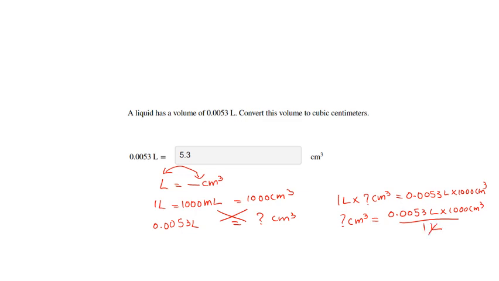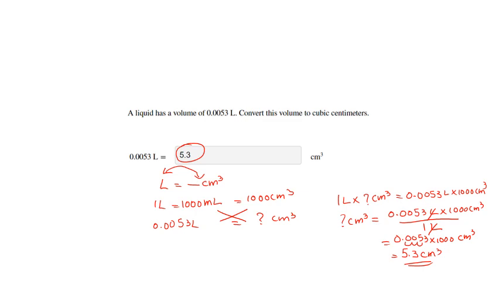Liter and liter will cancel, so I will have 0.0053 times 1000 and the unit left is centimeter cube. I have to multiply this number with 1000, which means moving the decimal 3 times forward: 1, 2, 3. So I will have 5.3 centimeter cube, which is the answer shown here.